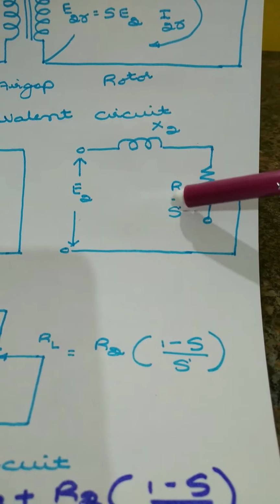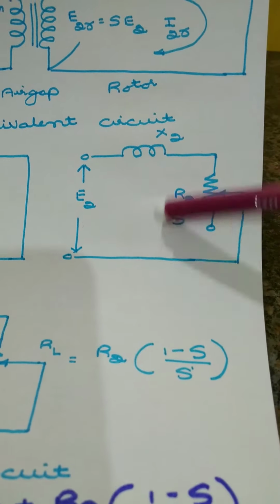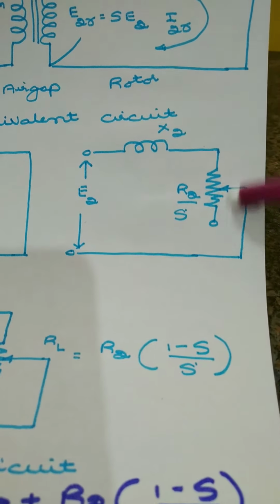Slip is changing means the resistance is also changing. That's why you get it like this.